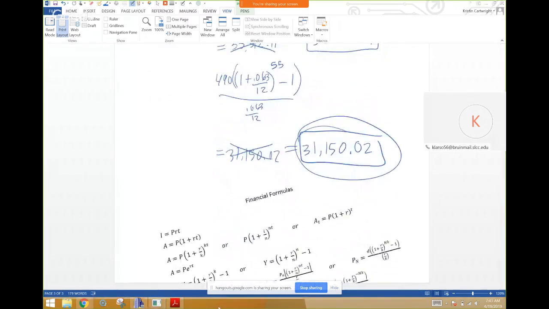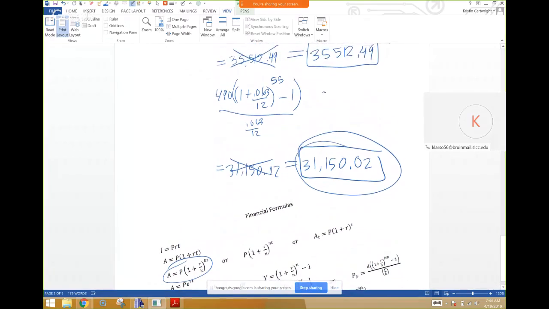So this formula down here, we'll take that amount because it's continually growing in the account at the same time. So we'll take 35,512.49 times 1 plus, now it's growing at the 0.063 interest rate, right? Over 12.